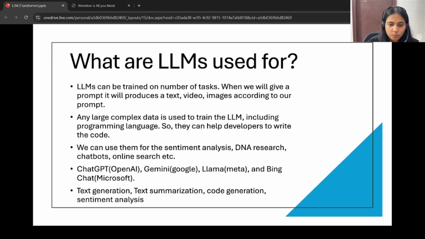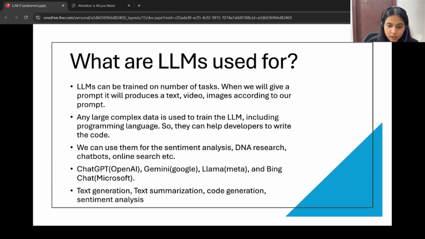So what are the places where we'll be using these LLMs? LLMs can be trained on a number of tasks. They are not trained for only one task, they can do many things. When we give a prompt, it will produce text, video, images according to our prompt. So whatever we want to do, the LLM will do for us, we need to provide a proper prompt. If we give the proper prompt, we can get text, video, audio, images, whatever.